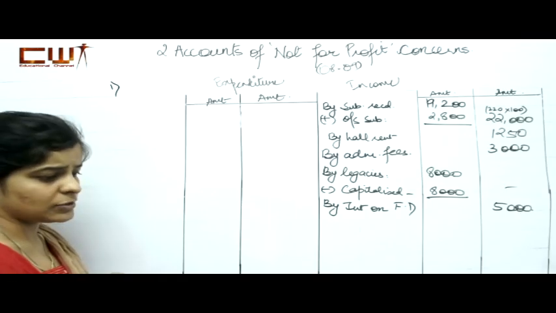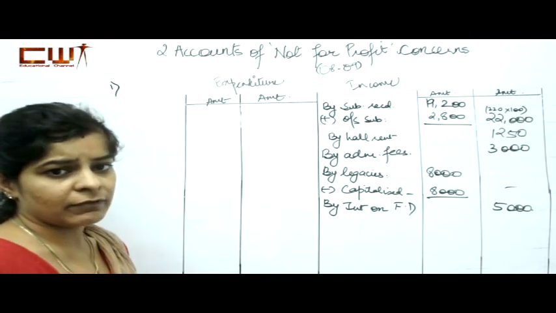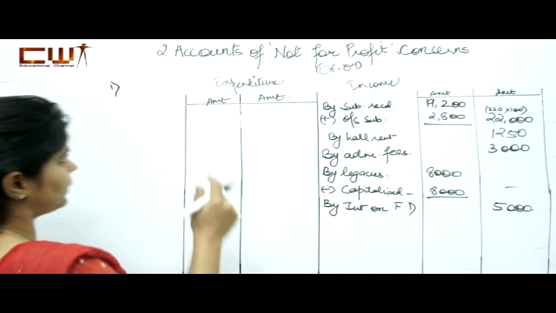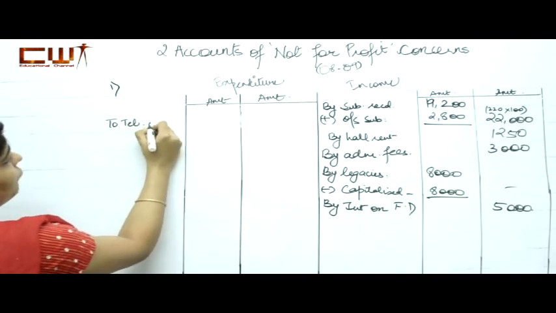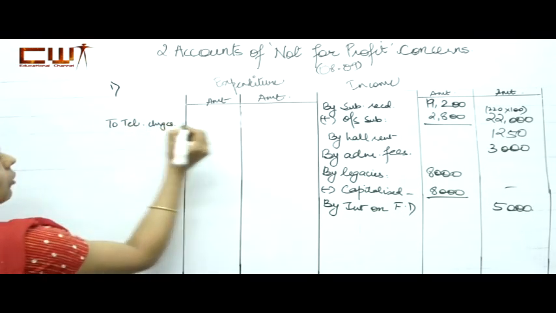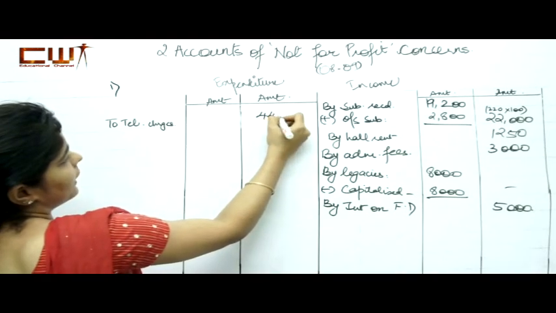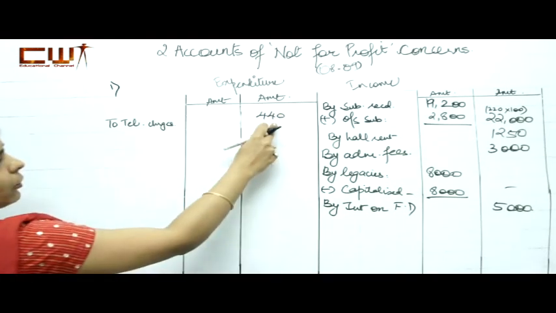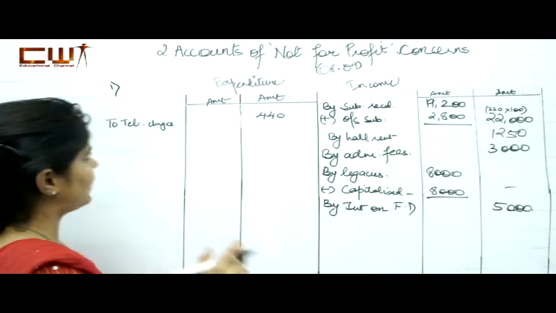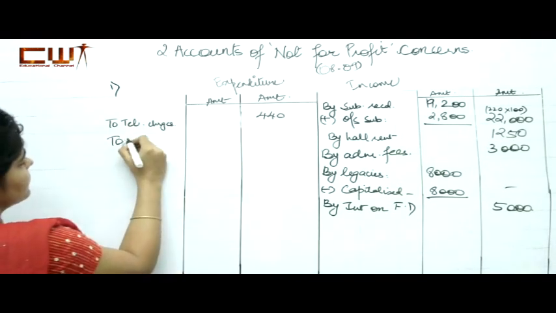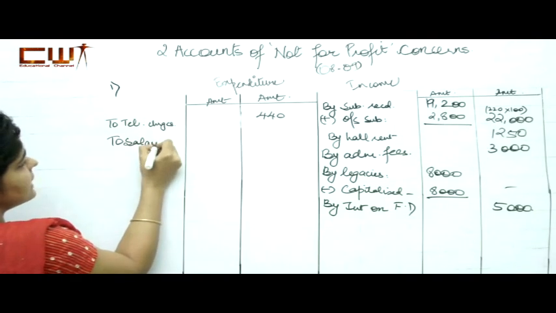Expenditure side, how much they have given to you? They have given telephone charges 440. To telephone charges, how much? 440. If there is adjustment, right here. No adjustment, final figure will be coming here, right? What other thing they have given to you? Salaries. To salaries.